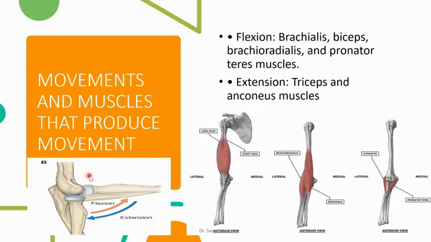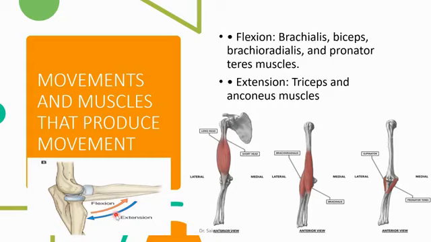When there will be extension, the forearm is going to move away from the arm, and the angle is going to increase, and this will be extension. Fine. So there are two movements, flexion and extension of the elbow joint.